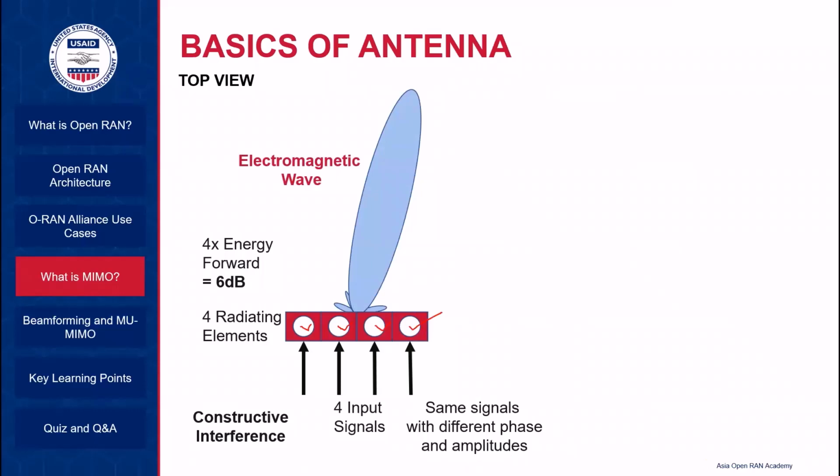So, once we change the amplitude and the phase nung ating signal or input signal, so we have the ability to steer the beam. Pwede natin siyang palikuin yung beam. Hindi lang siya nagtatransmit sa isang direction.